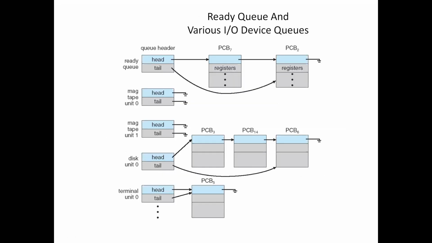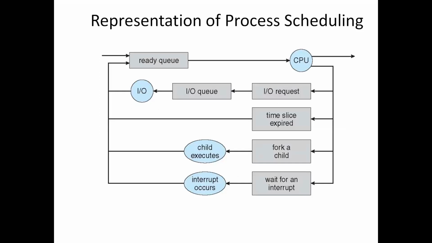Okay, understood, right? Next, this is the representation of process scheduling. Process scheduling is commonly represented by using this queuing diagram. Queues are represented by the rectangular boxes.